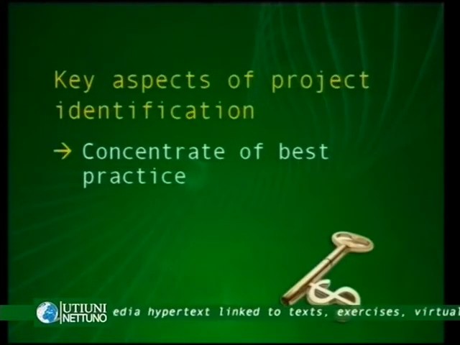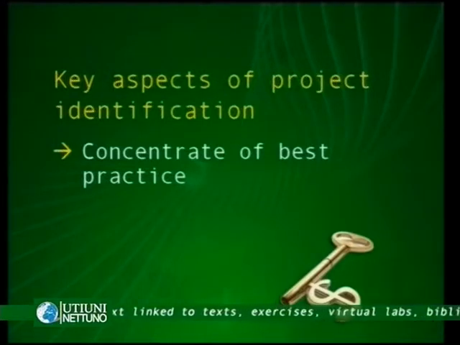First one, concentrate on best practice. The benchmarking activity that we were mentioning is the study of other practice. We can consider our internal best practices and the external best practices. One key element of project identification is to concentrate on both external and internal best practices.